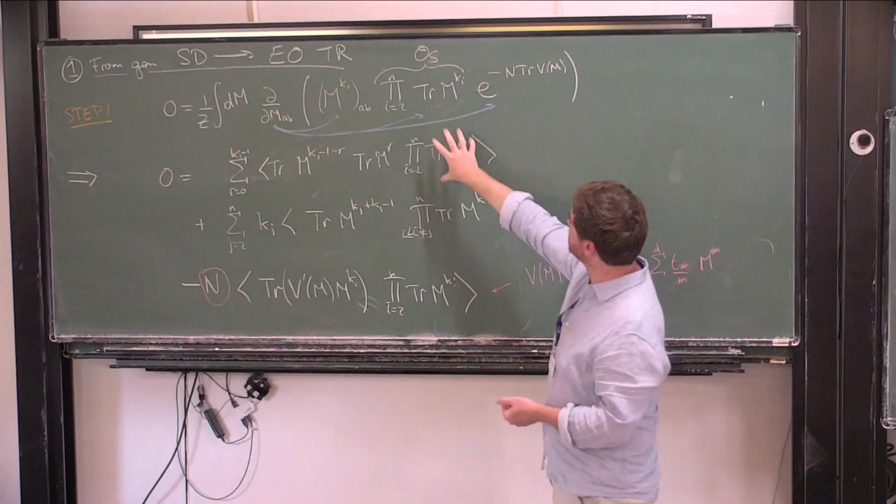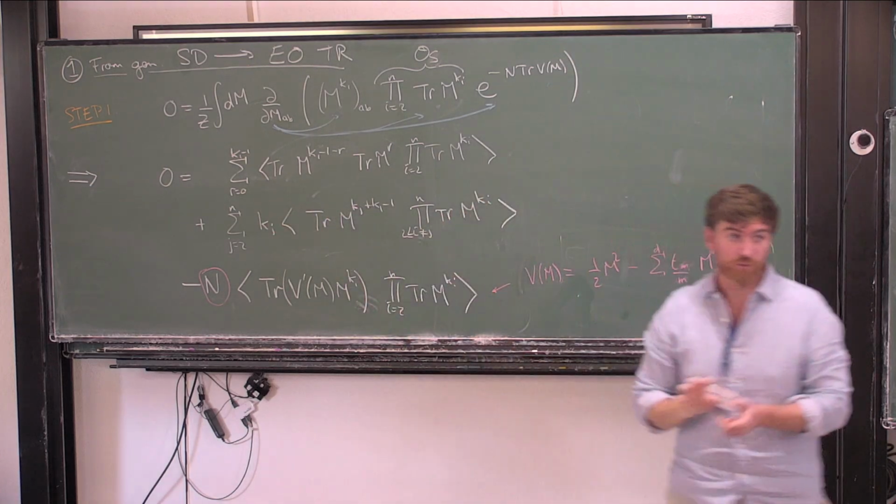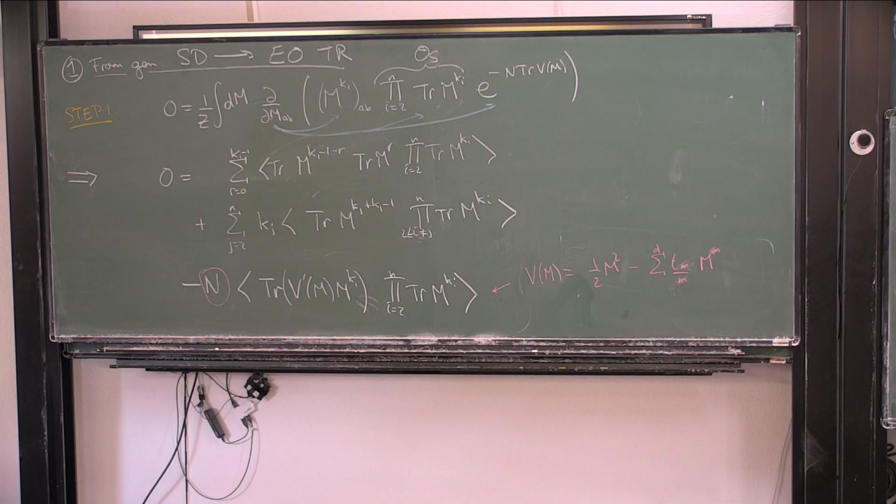Either they're going to be both together in the same correlator, or they're going to be split. We're going to see what this means geometrically after that. Okay. So we have this. So let's say 0. So this is where they both sit together.